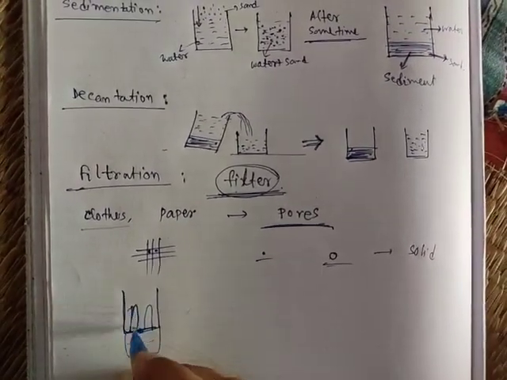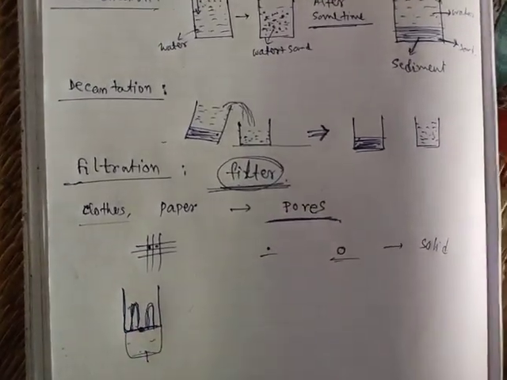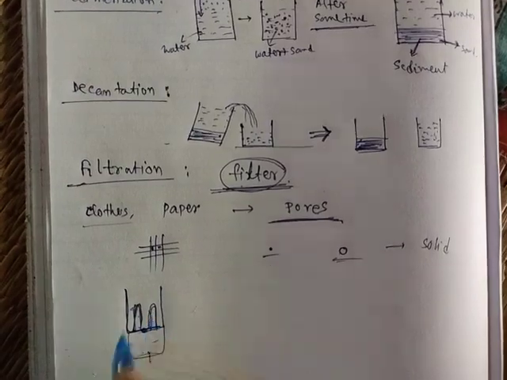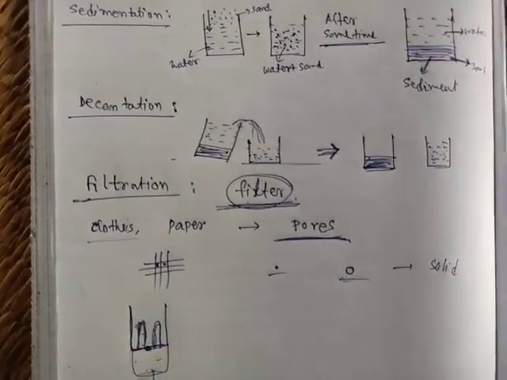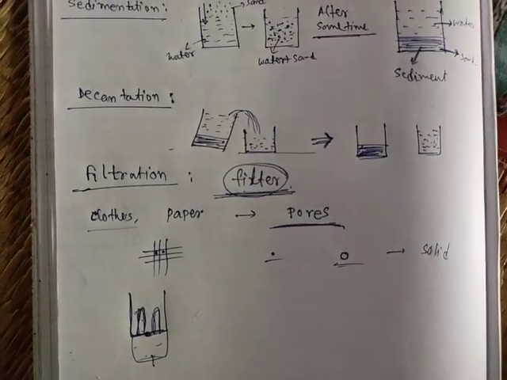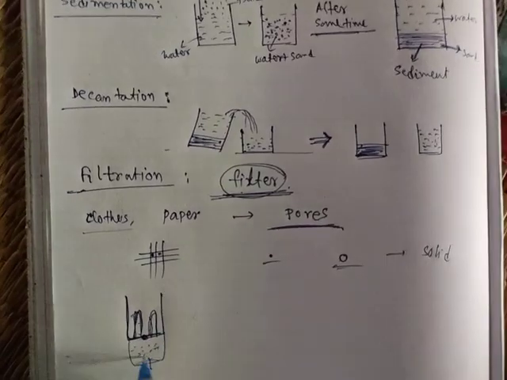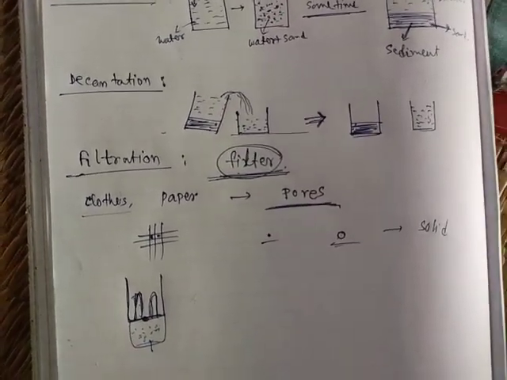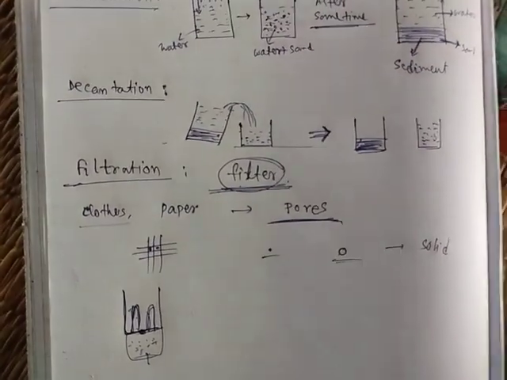This was called a candle, and there were small pores through which water can pass, but the solids cannot pass through it. So the water which we get here is pure water. Okay, so understand what is filtration.